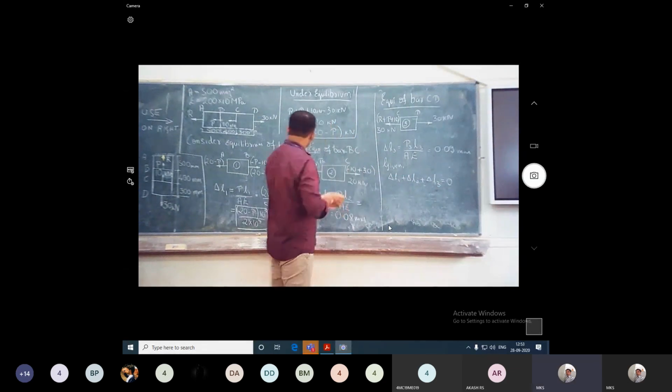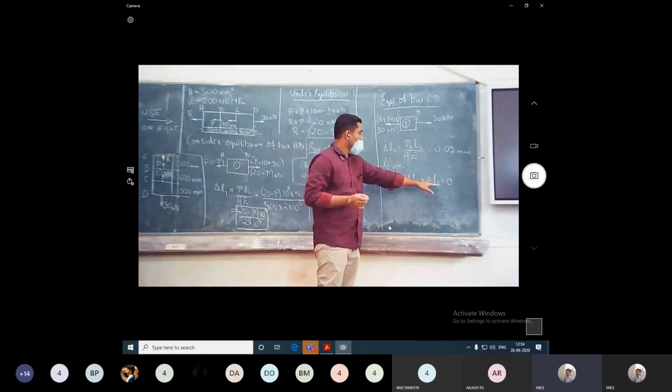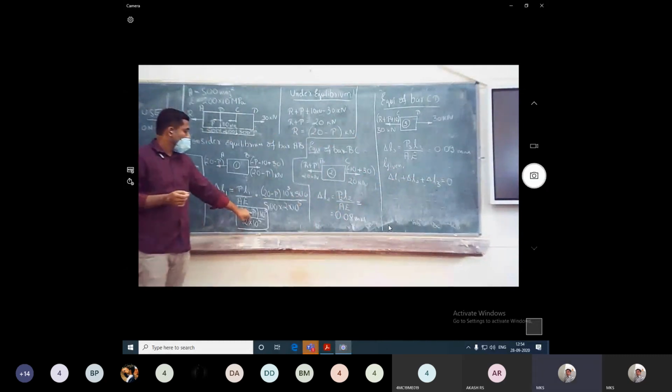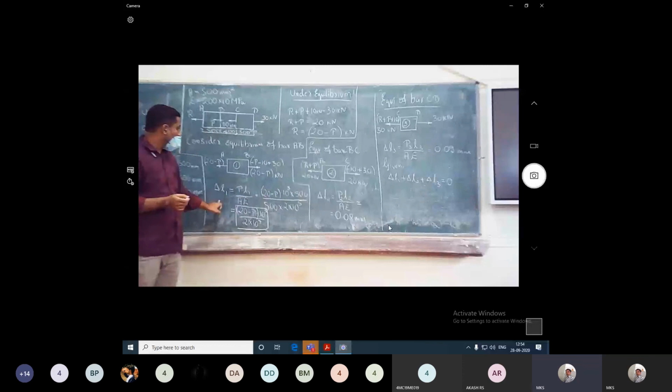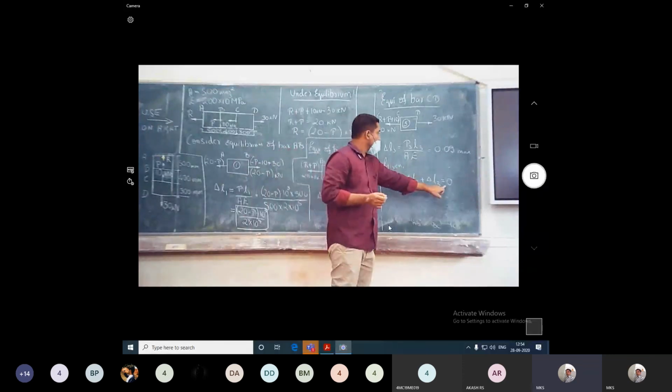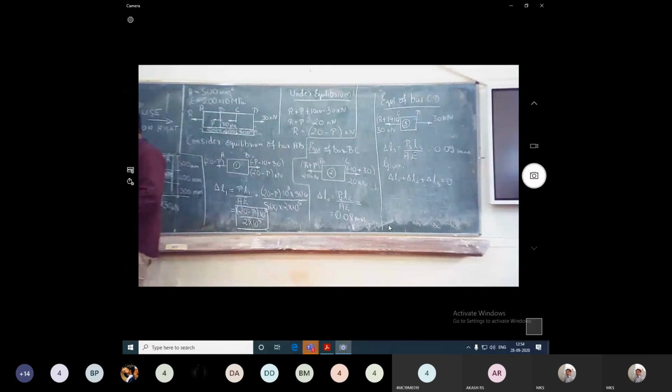So now you add all the deformations and make it equal to 0 to find the unknown P. You add delta L1, L2, L3 equal to 0 and find P. Before writing that equation, you can write that sentence: since the bar must not move vertically downwards, the total change in length is equal to 0.